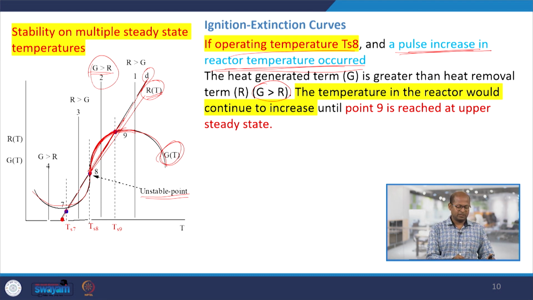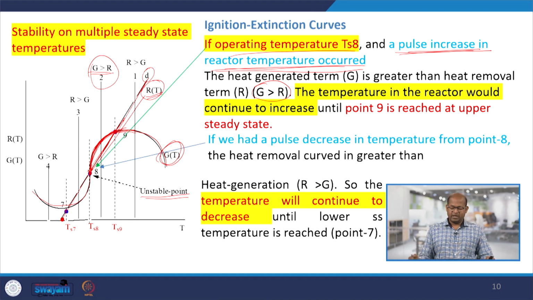So, from 8, with a sudden jump or pulse increase in the temperature, heat generation will be more, and then it shifts to point 9, the steady state temperature we will reach, and the reactor will operate at this temperature. Here heat removal and heat generation are both the same at this particular point. So, with a sudden increase in the temperature once the reactor is operating at steady state, another new steady state temperature will be reached.